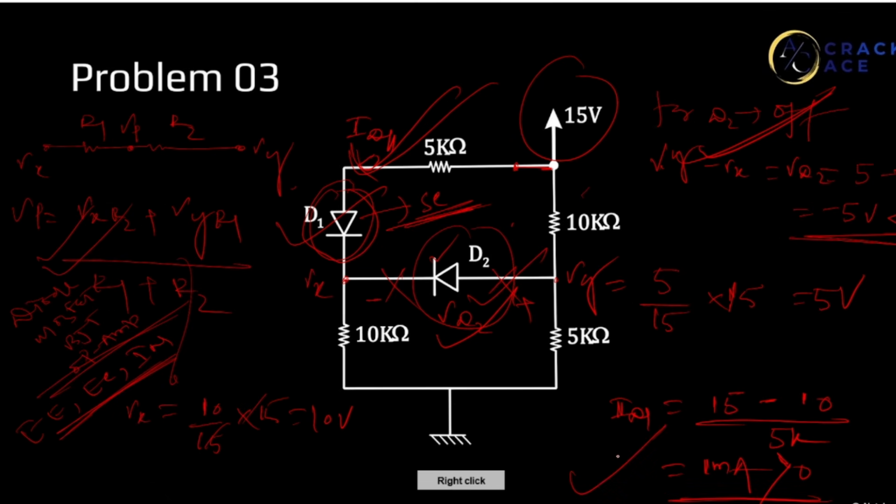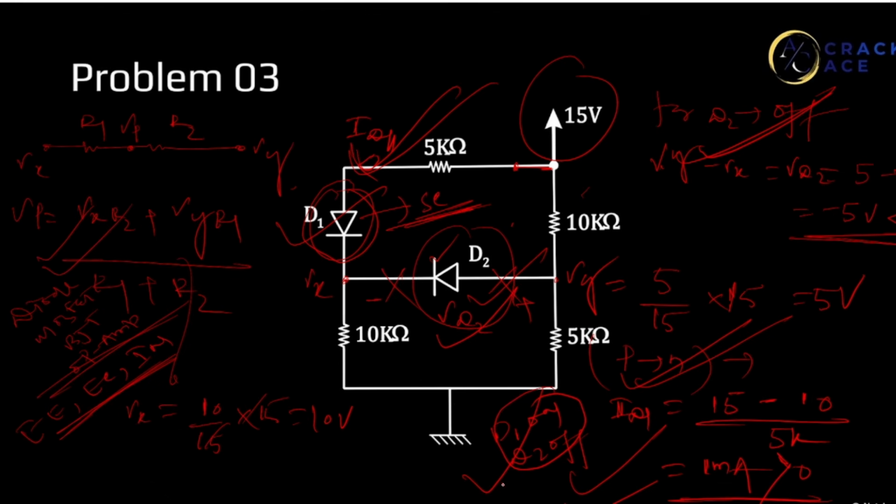This is positive. Positive means current is flowing from P to N, and this is the basic principle of a diode: current should flow from P to N. So D1 is on and D2 is off. We assumed this earlier, and this is the answer.